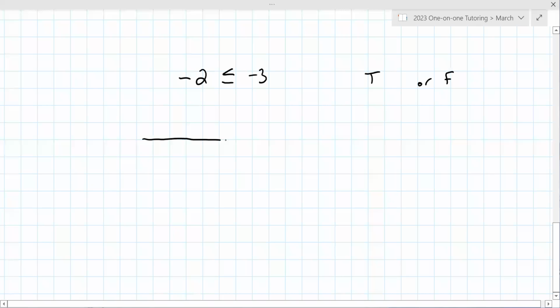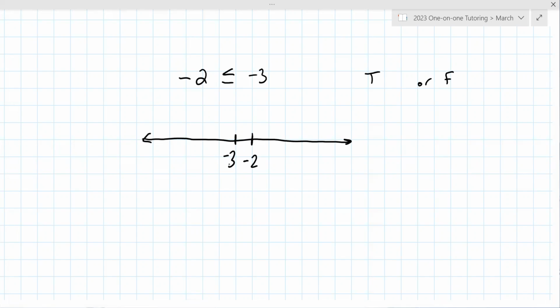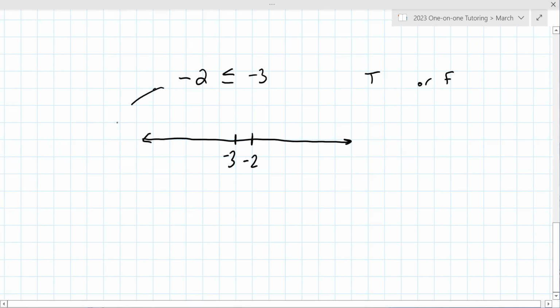So here's one way to answer. True. Okay, so you're saying it's true. Right or wrong, I'm not sure. Here's one way to answer the problem here. Oh no, negative, I messed up because it's reverse negative. The number line really helps visualize these pieces of information. Another way to ask this question is, is -2 to the left of -3?